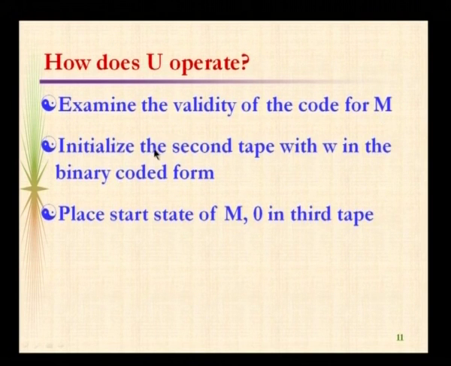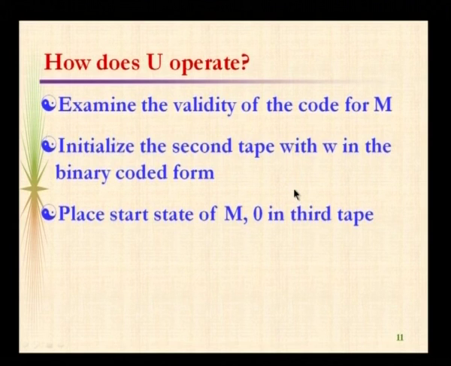So now we will go for initializing the second tape with w in binary coded form. Then there will be a start state available for this M, which is the Turing machine loaded as the input, and that is loaded into the third tape of the Turing machine. The start state is maybe Q1.